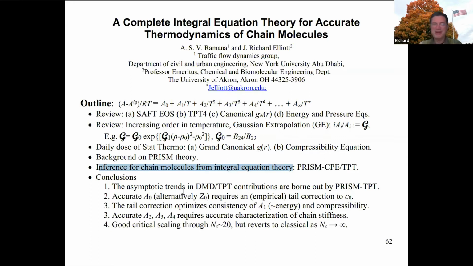Again, way back, we talked about it last semester. We talked about the perturbation contribution of A1, let's say, divided by the number of carbons, and you make a plot of that versus density for octane.